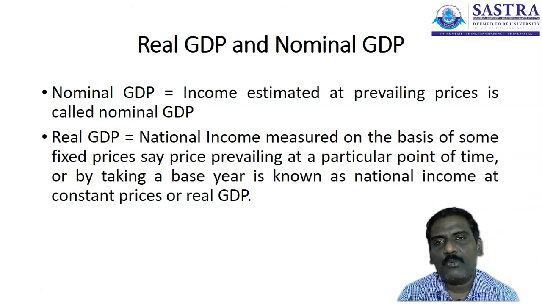It means the rise in the price level for the product during a given period is also considered. The effect of inflation is taken into consideration while calculating real GDP.